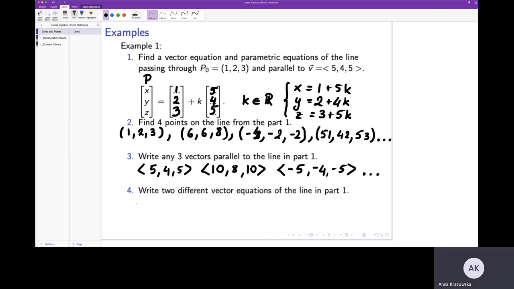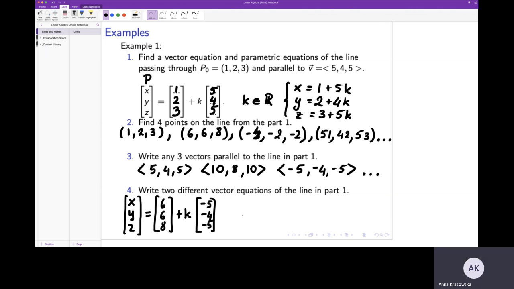And now we'll write 2 different vector equations of the line in part 1. That means we will write another equation. (x, y, z) is equal to any point on the line plus k times any vector parallel to it. So instead of (1, 2, 3), we can put (6, 6, 8) plus k times, we can take a vector (-5, -4, -5).